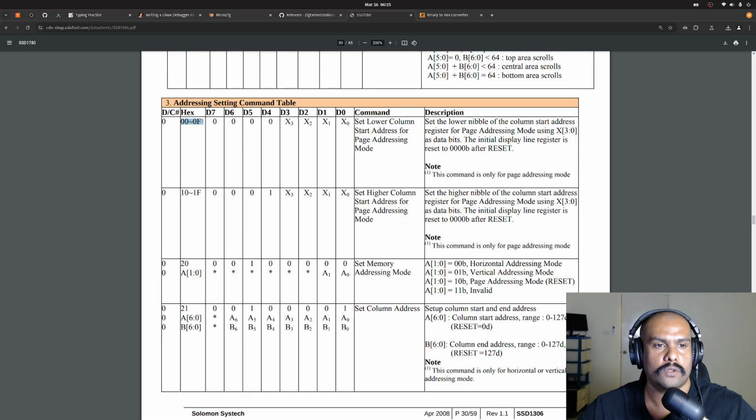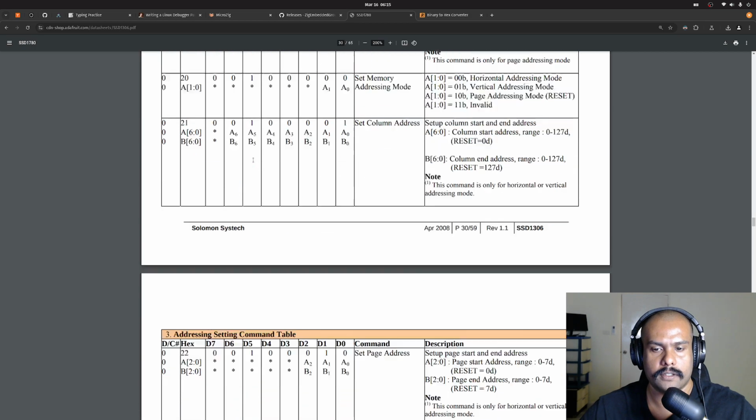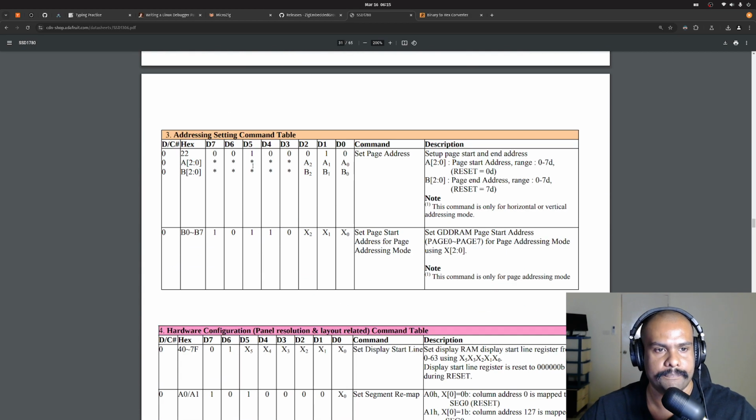Hex 0 to F. Okay. Set lower column start address. I think also for now I can ignore this bit. Addressing setting command table.